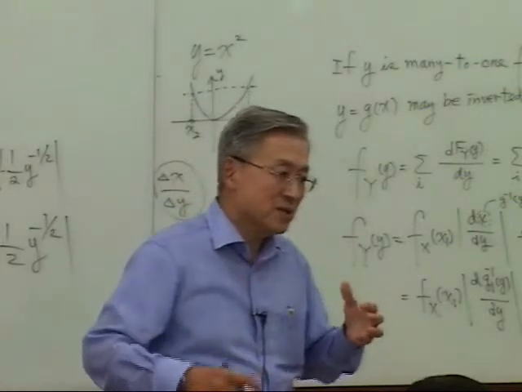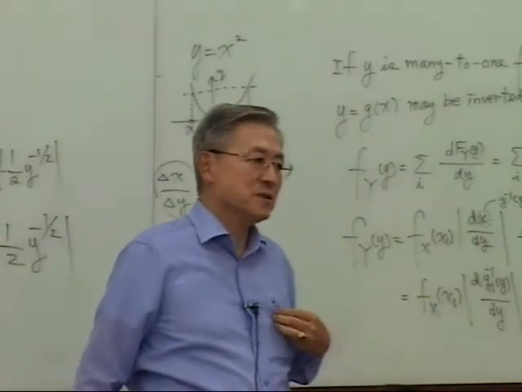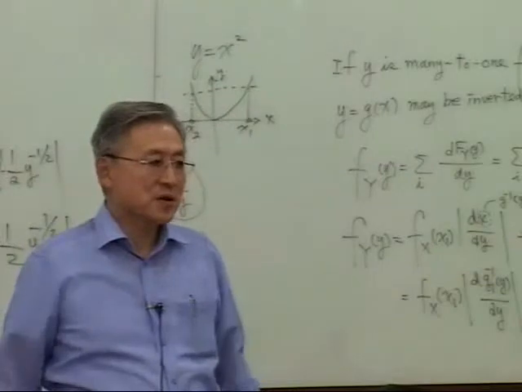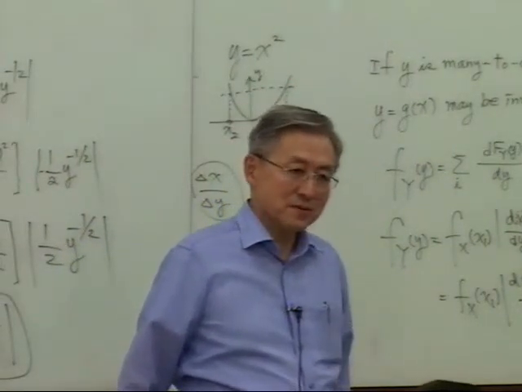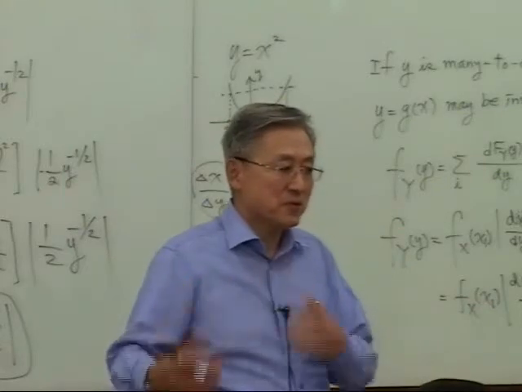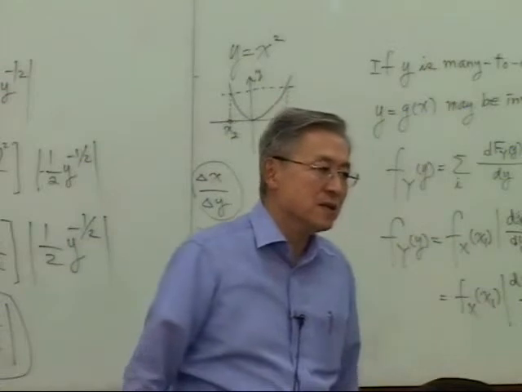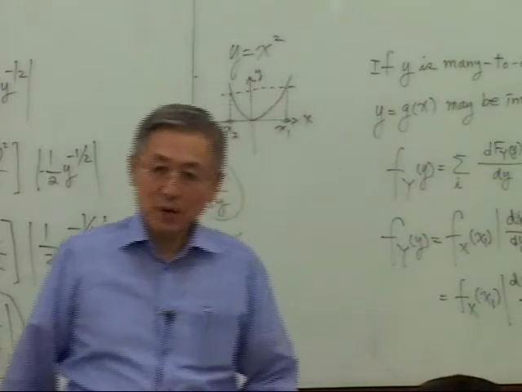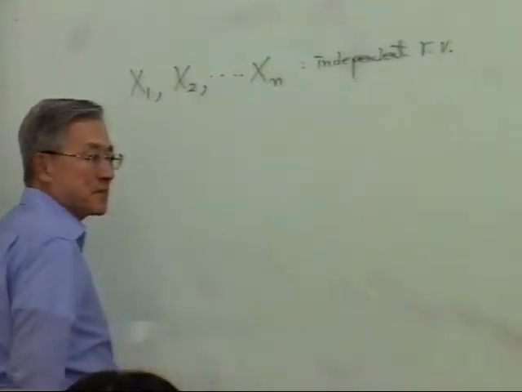But statistically, as you open her heart, oh, she's really single. And open Yonghyun's heart, oh, he has one nice child, then there's a dependent variable. Independent means statistically independent, okay, property-wise. So, independent random variable, okay?